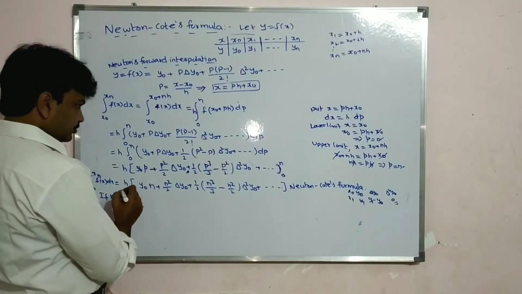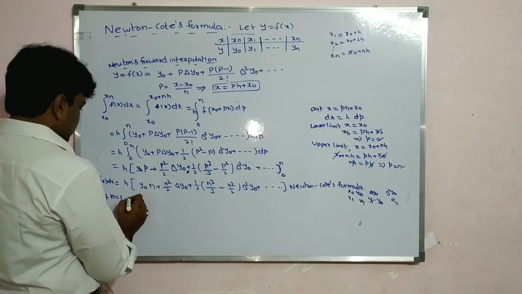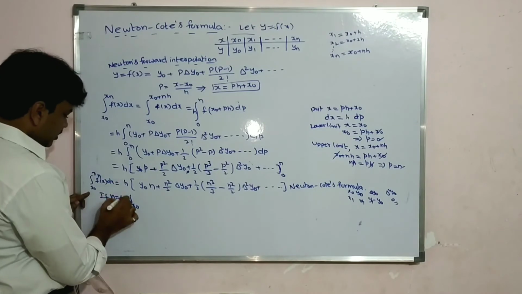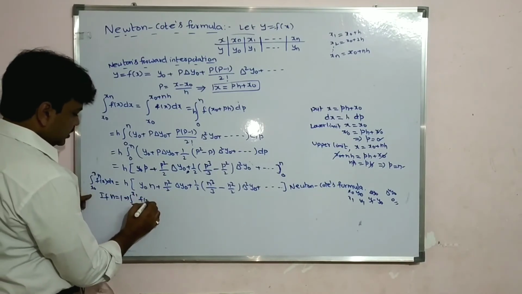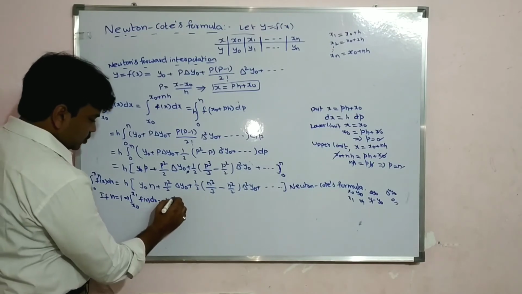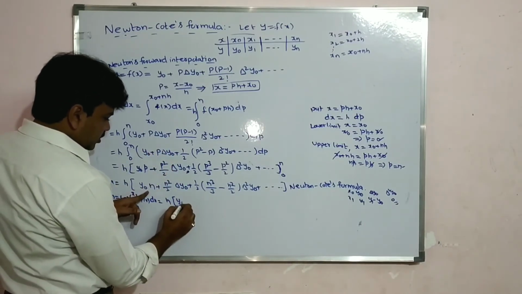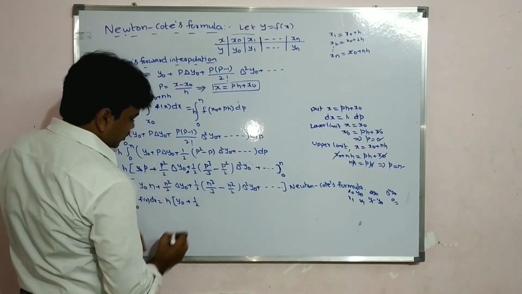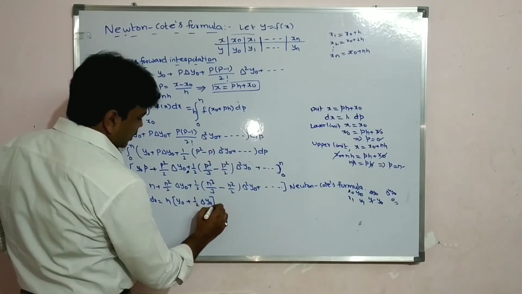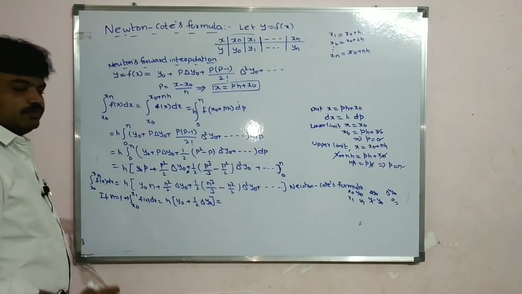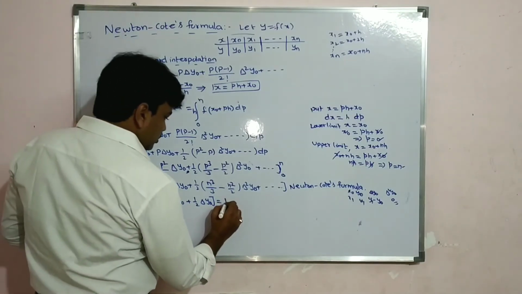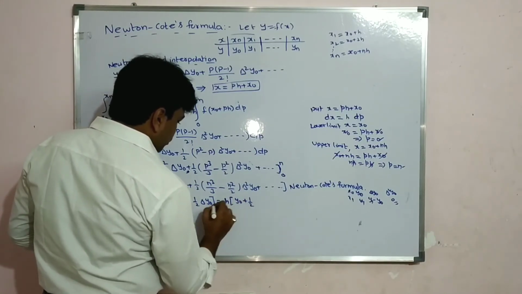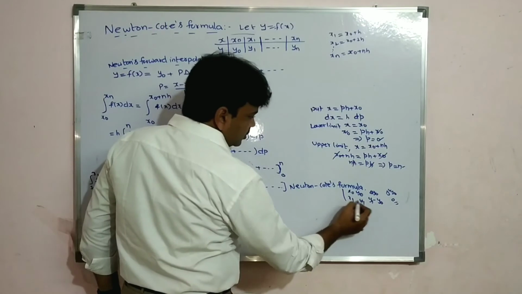So the integral from x naught to x1, with n equal to 1, of f of x dx is equal to h into y naught, plus 1 square by 2, that means 1 by 2 into del y naught. That is equal to h into y naught plus 1 by 2 into y1 minus y naught.